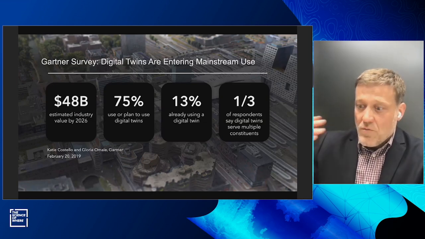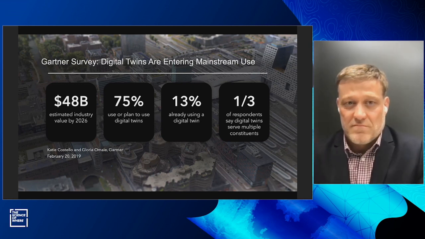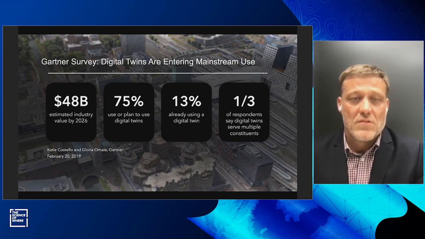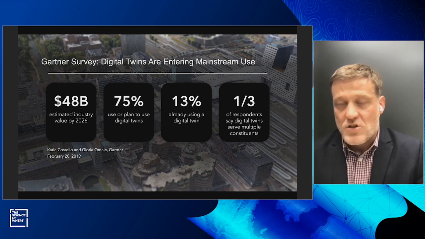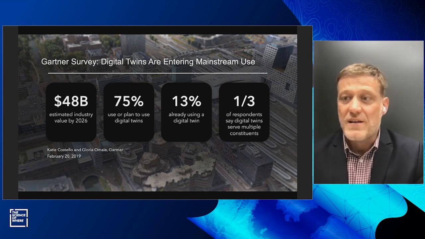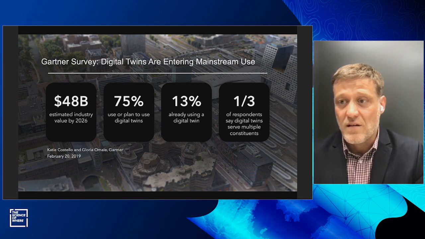So when we look at a Gartner survey questioning people around digital twins, what we hear is that the digital twin market is forecasted to grow to a $48 billion industry just in the next couple of years, which is amazing, right? And everyone is talking about digital twins.